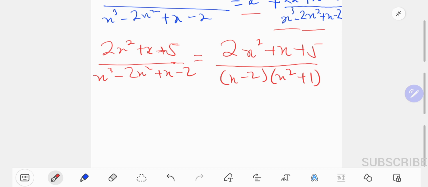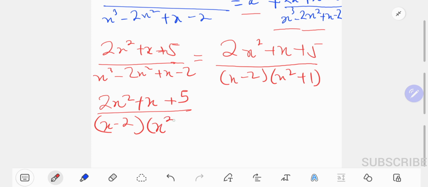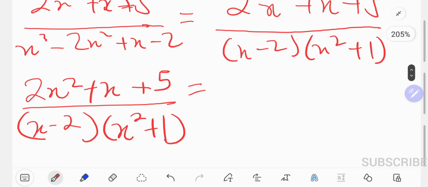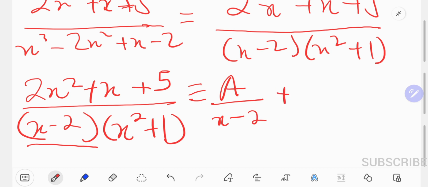Okay, so we want to write the form for the partial fraction. So this is supposed to be in a certain form. Okay, so we check the first factor. The first factor is a linear factor, so it's supposed to be in the form a over x minus 2, plus the next is a quadratic factor.